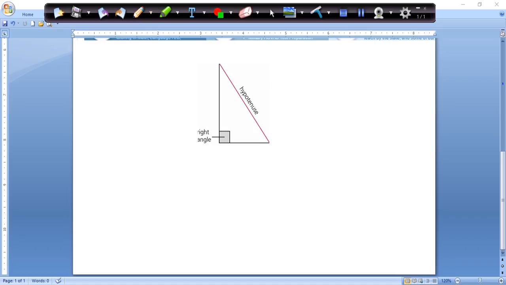So this is 27, page 590. You can see the right angle right there in my illustration. And of course you see the longer side that's opposite the right angle right here, the hypotenuse.